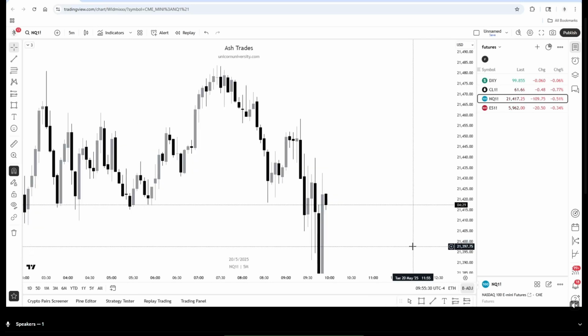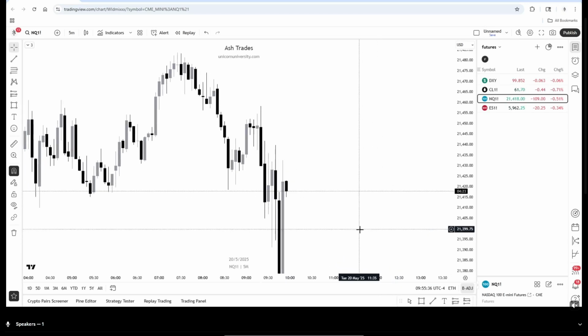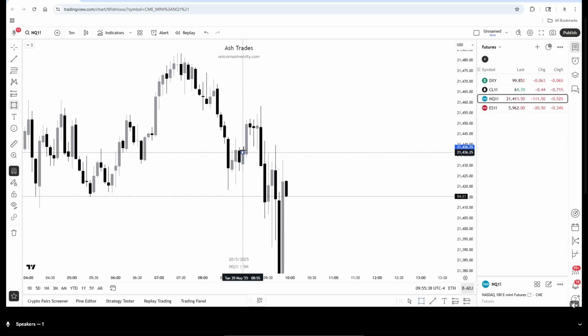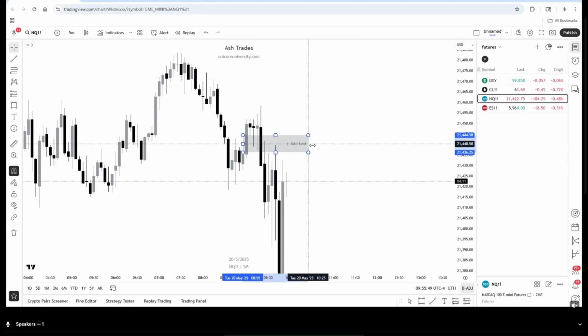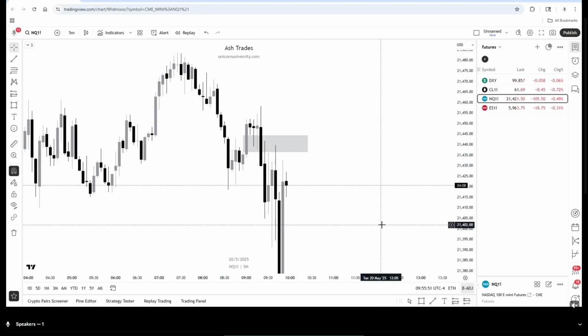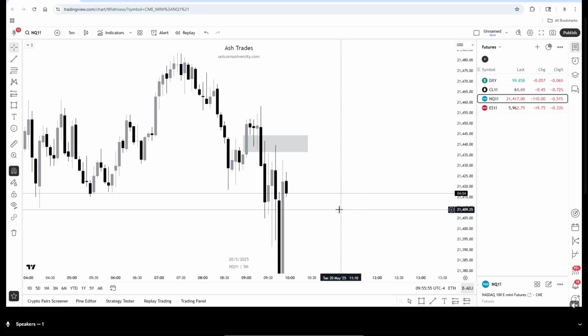And to finish the conversation about reading order flow and using order blocks, after we close below the FVG right here, that's how you can understand we're in bearish order flow. We did not respect the bullish FVG. That's your insight that we have bearish order flow.